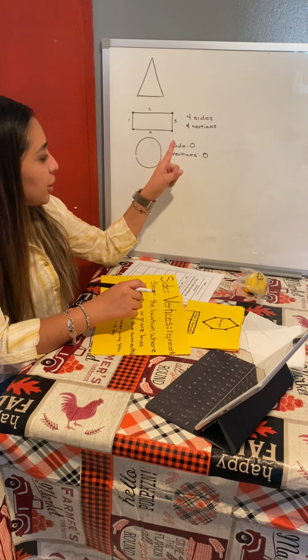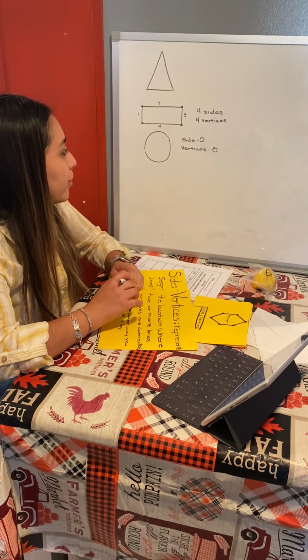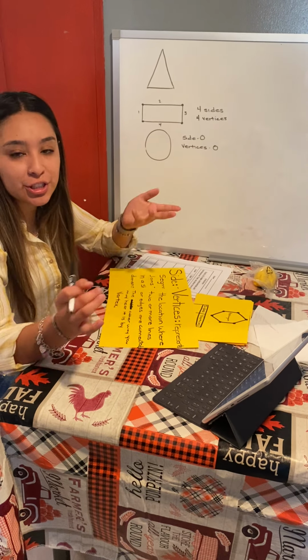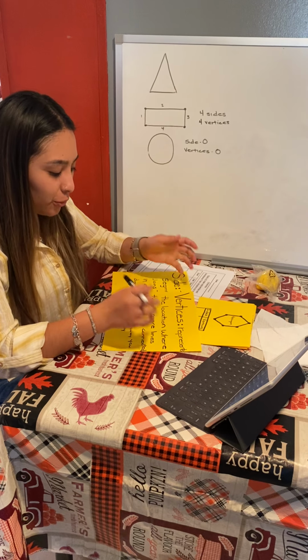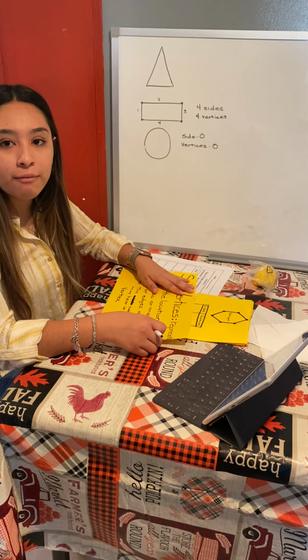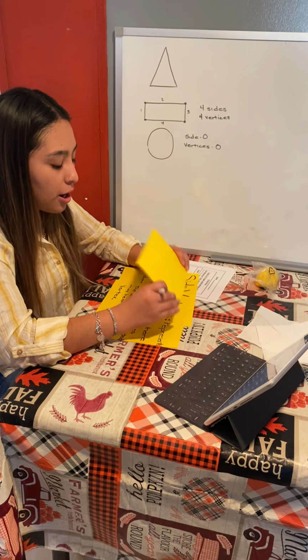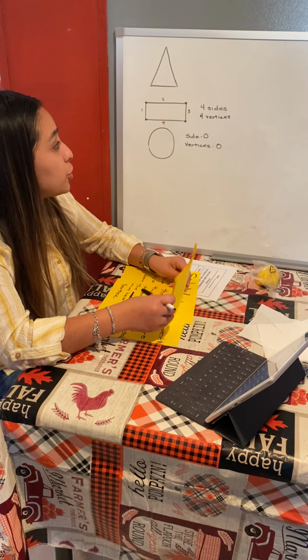So just because there's 0 sides and 0 vertices, that is the reason why we won't be focusing on circles, because it's just so easy. And y'all are way too smart to just be stuck on circles. So we'll be learning more challenging shapes, two-dimensional shapes.